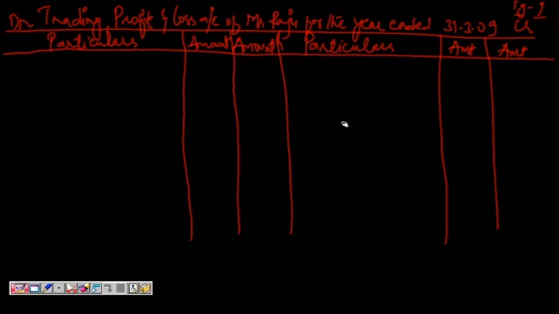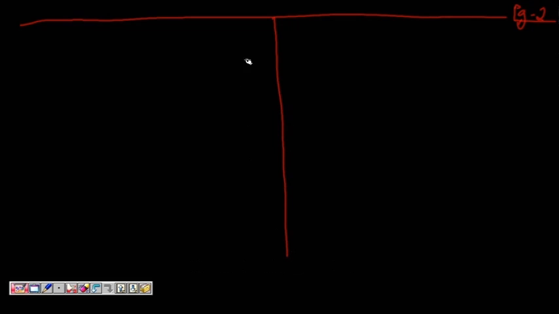So I've already drawn the pro forma of trading account. Now profit and loss account also on the same as it is in trading account. Draw the same pro forma for P&L account also. It should be exactly divided into half a page.